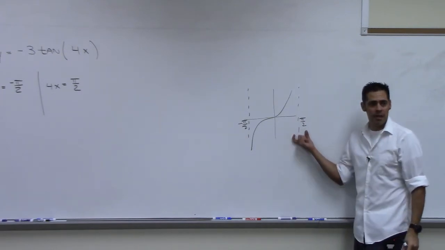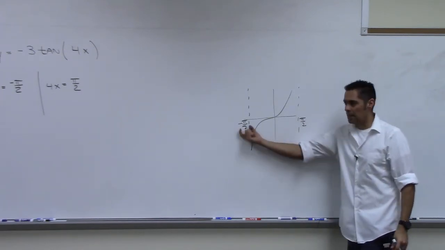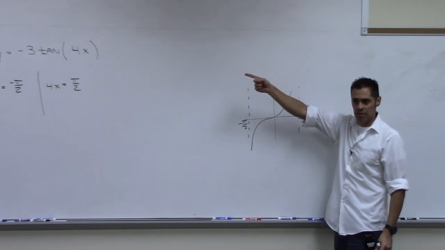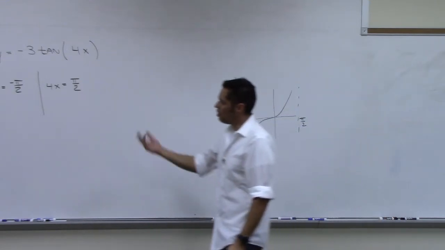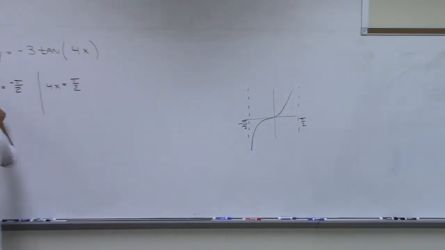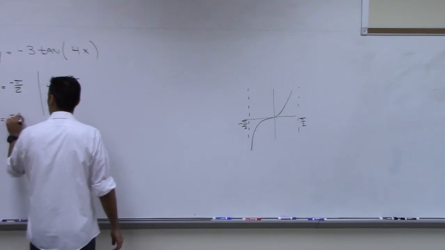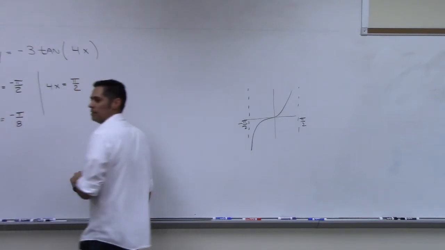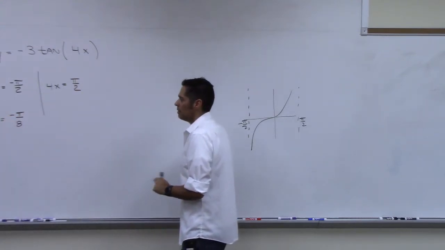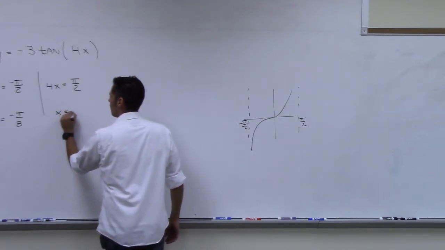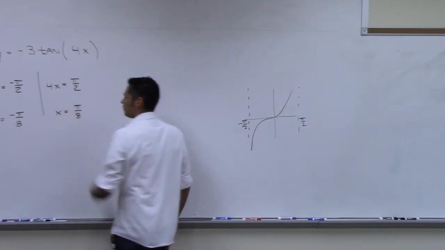You have to remember this: pi over 2 and negative pi over 2 is what you use for tangent. And then you solve these. So what do you get here if I solve for x? Divide both sides by 4. Negative pi over 8. You all happy with that? This one over here, x equals pi over 8.